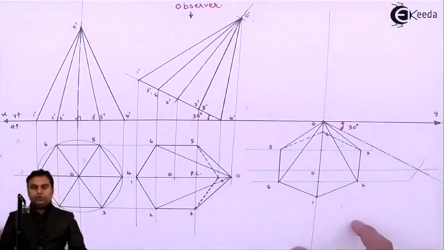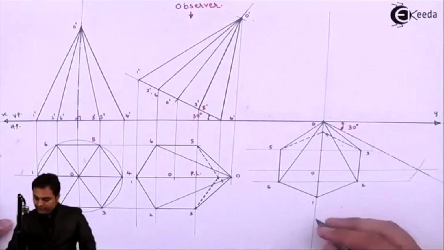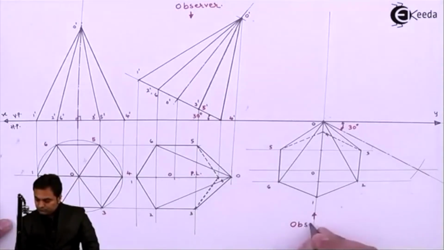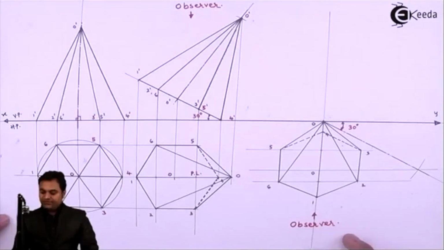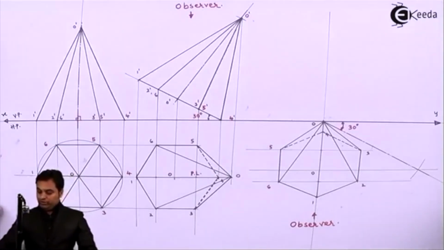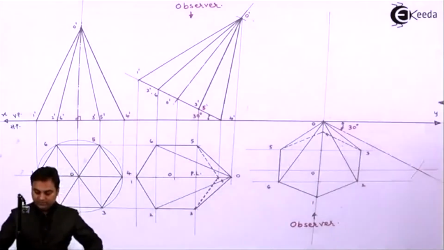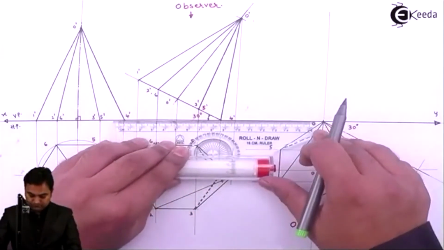Now when I have drawn the top view, we have to even project the front view, and for that observer is in this location. So as an observer, those points will be projected first which are closer to the observer. So point 1 is closer, and 1 dash will be projected horizontally.